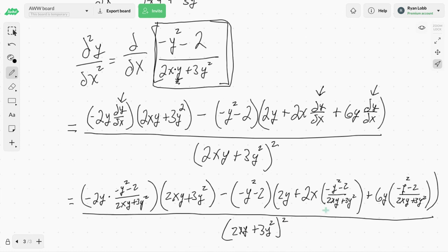And now we have our derivative in terms of x and y, our second derivative.